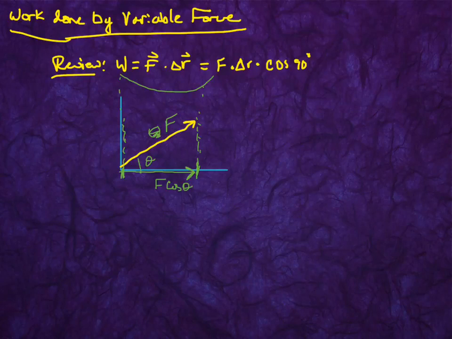So if this was our force, then this would wind up being force cosine theta right there. And then if our displacement was, if that was our r, then whatever the r direction is, the shadow would fall onto the r, and that would be our force. So it's a graphic way of explaining it without getting into the math, but if this confuses you, then ignore this and just stick with our formula.